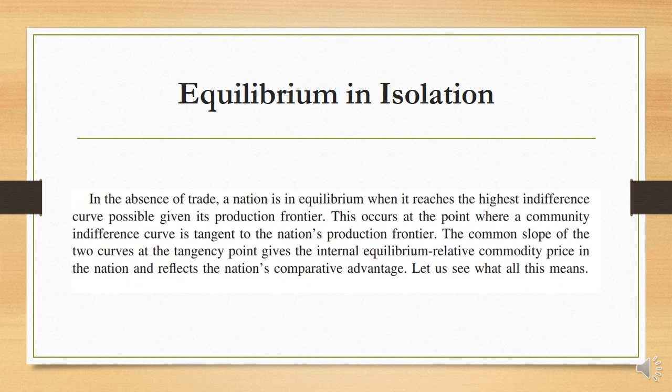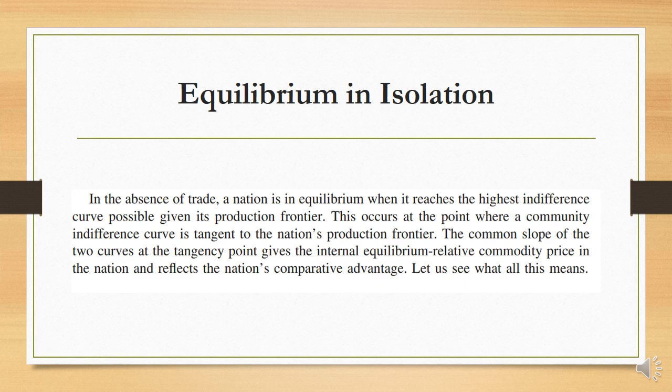Now we come to the equilibrium in isolation, that is, the equilibrium of nation 1 and nation 2 in the absence of trade. Now we join the two previous diagrams, the production possibility frontier and the community indifference curve.